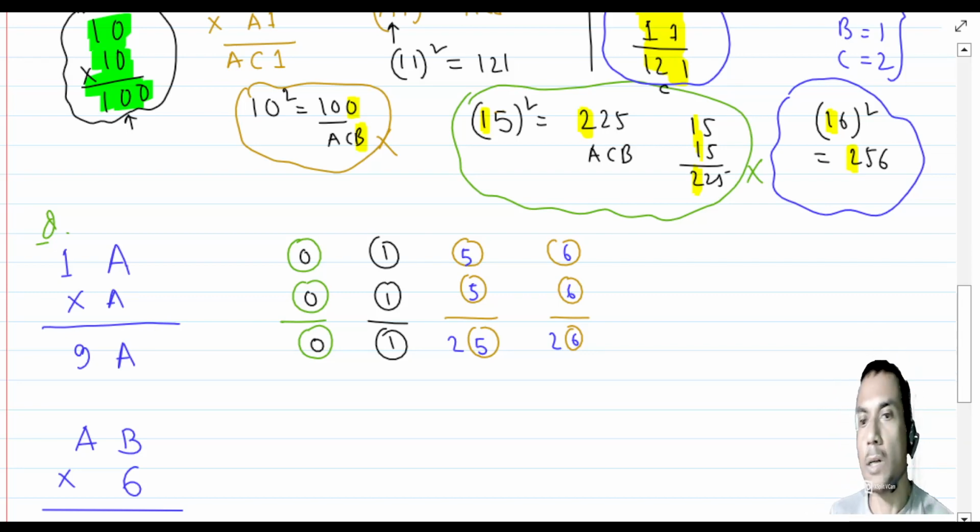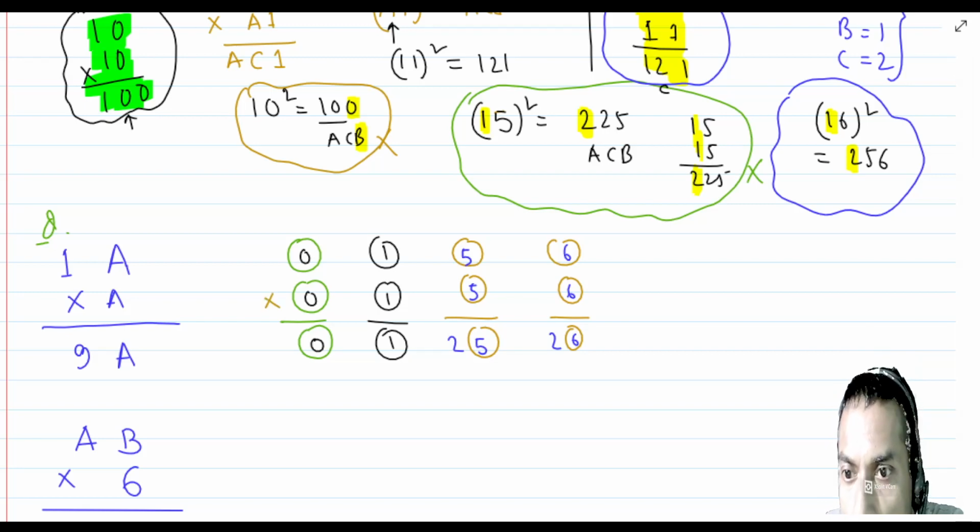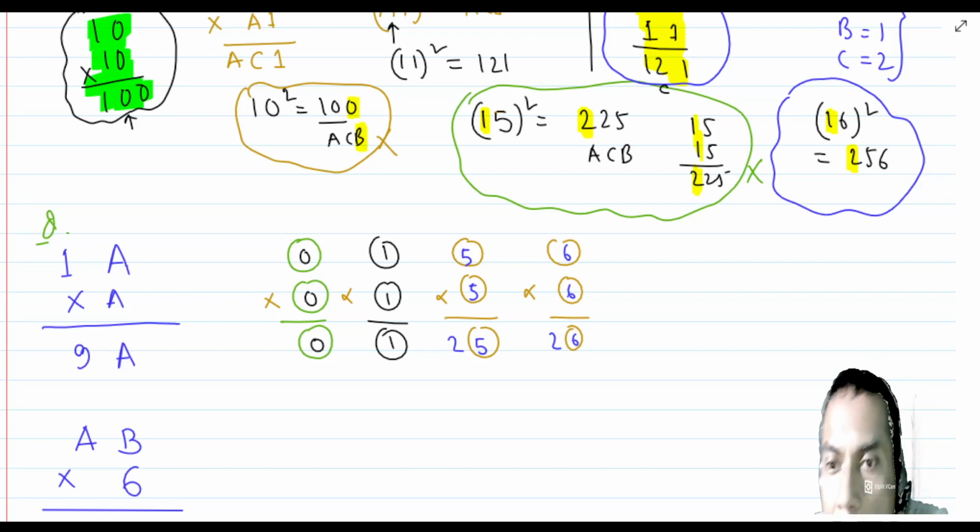So no other number is possible if we multiply. Clear? So I have to choose the correct A so that we get the answer quickly.